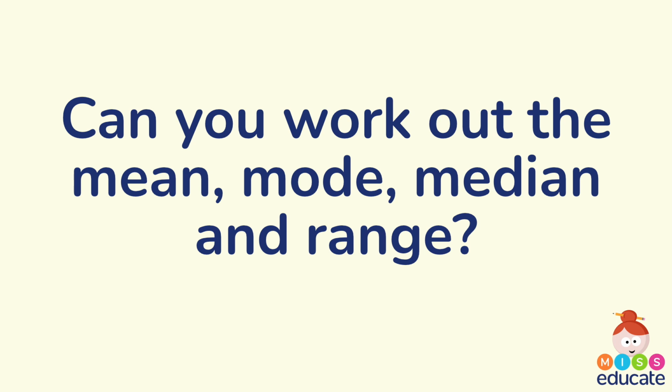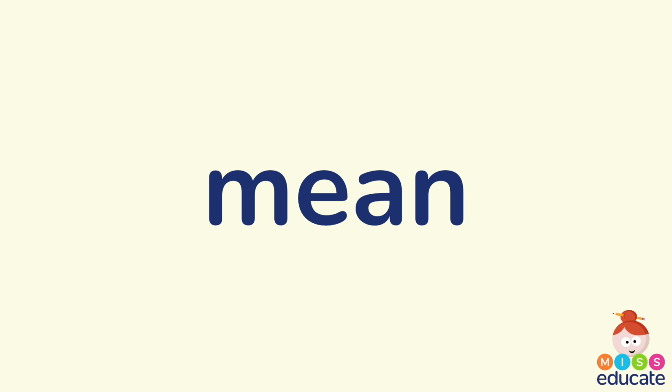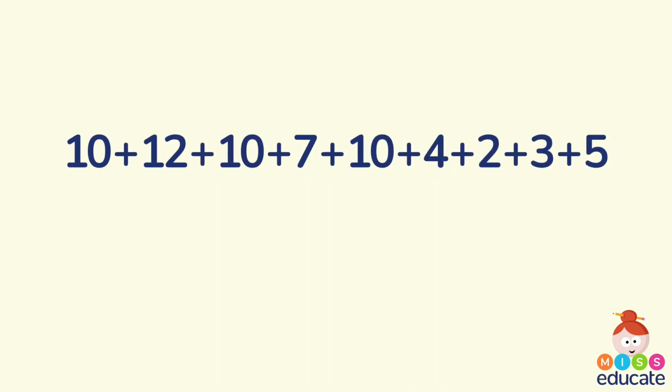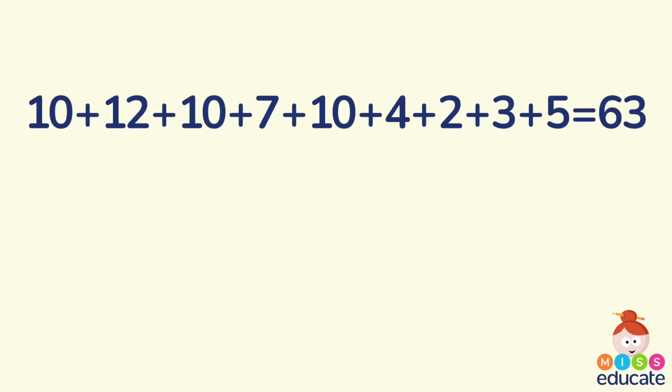Welcome back. Did you work it out? I'm sure you did. First of all, we're going to work out the mean of Tommy's data. In order to do that, we need to add together all of Tommy's data. Let's do that first. If we add all those numbers together, we come out with 63. Well done. Do you remember what you do with 63? You have to divide it by how many pieces of data there are.